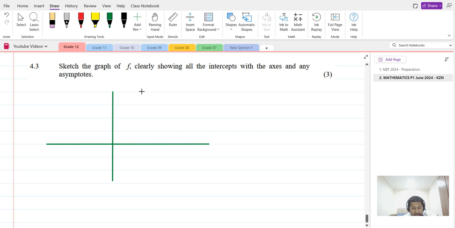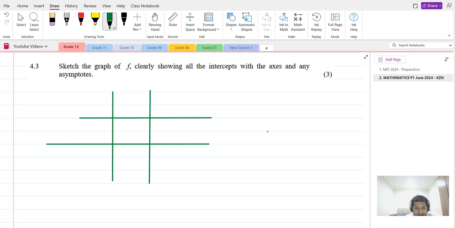I'm going to draw a solid line, I'm going to break it up. So that's 4, and that was 3 here. Remember, this is my x-axis, that's my y-axis, that is 0.